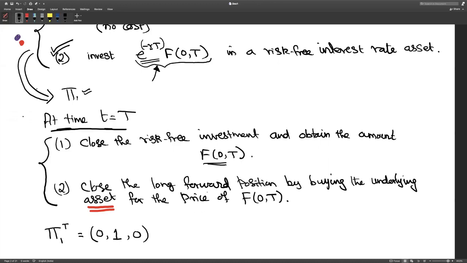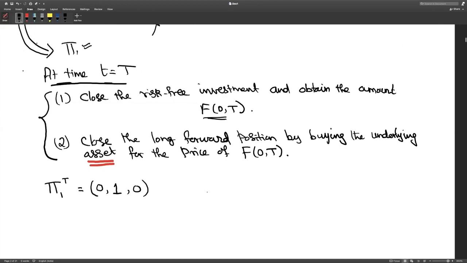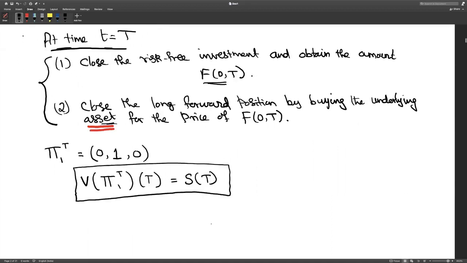That's why you are doing a forward. So you got a risky asset into your portfolio. And what is the value of this portfolio at time T? V of pi at time capital T is nothing but the spot price of this asset, which we generally denote by S of T. That is one part of your proof.